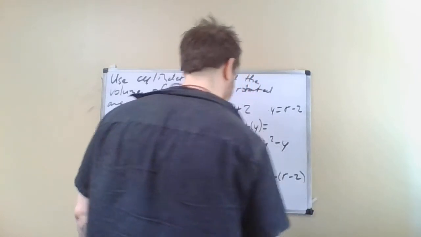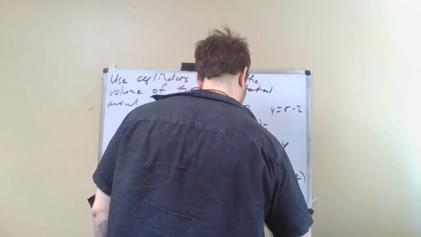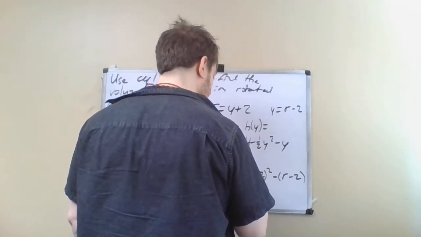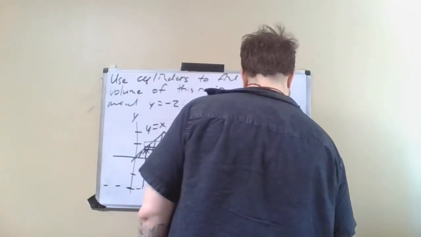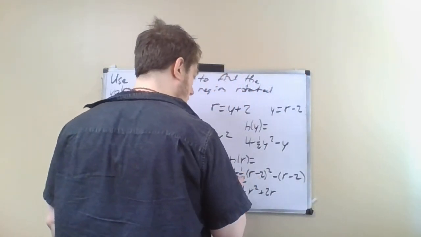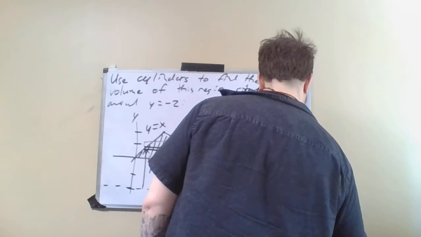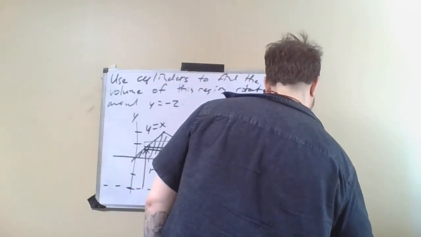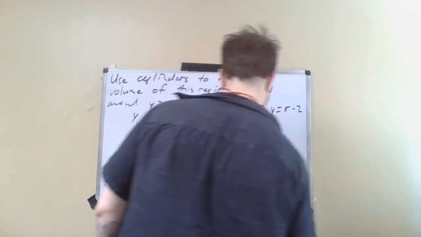That's 4 minus 1/2 r squared, and then we're going to have -4r times -1/2 is plus 2r, and then -2 squared is 4 times -1/2 is minus 2. So then we have another minus r and a plus 2.